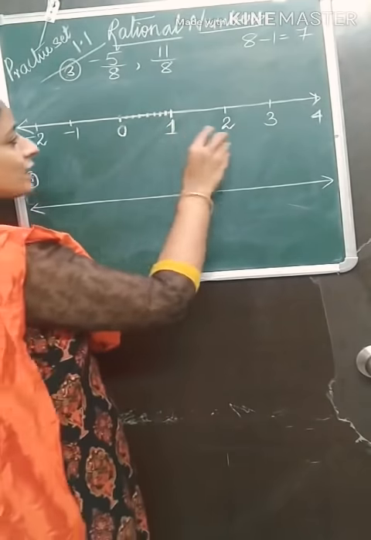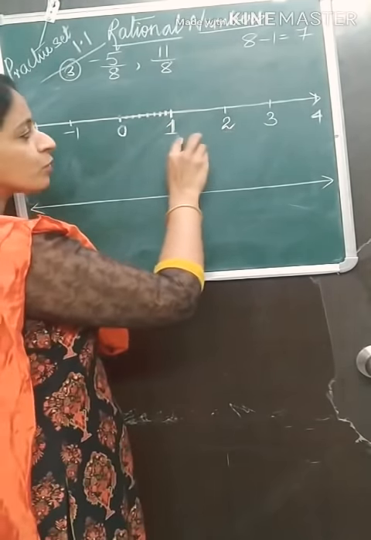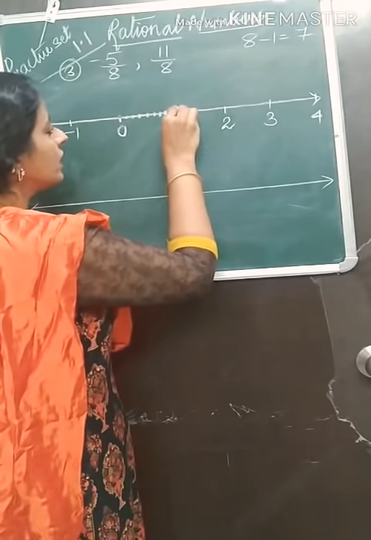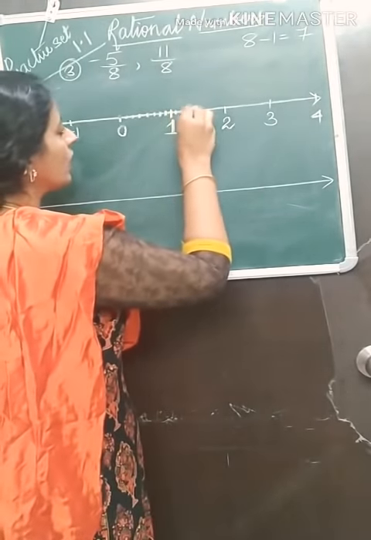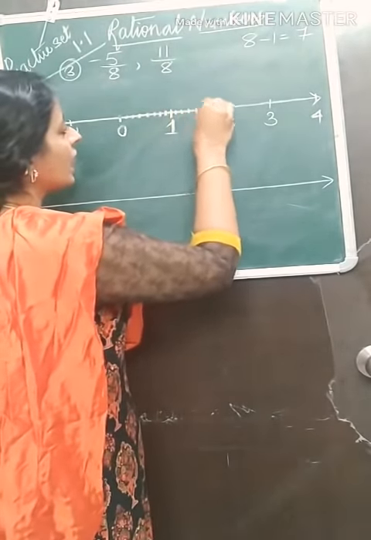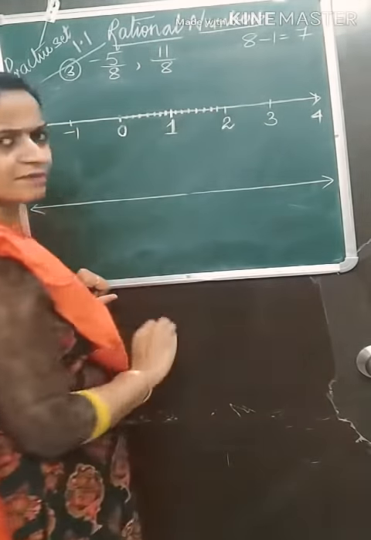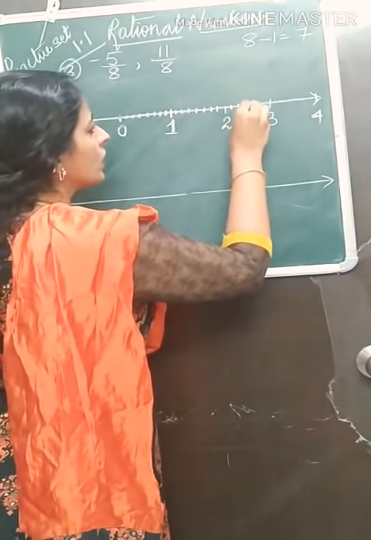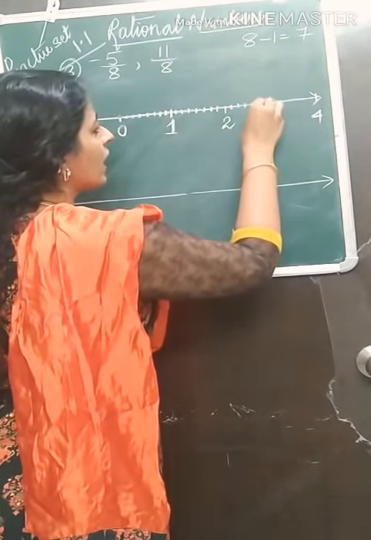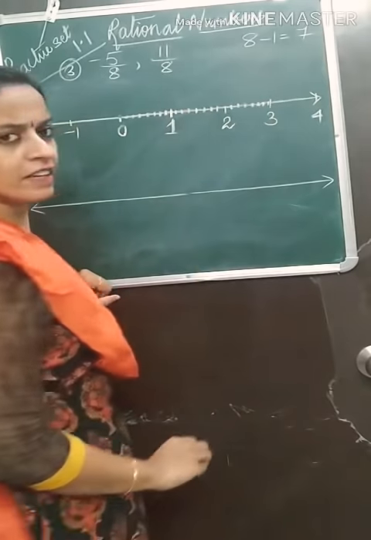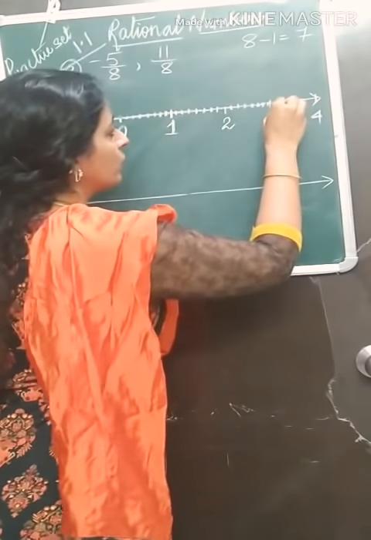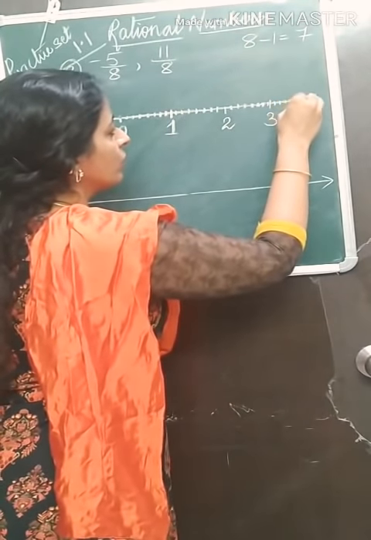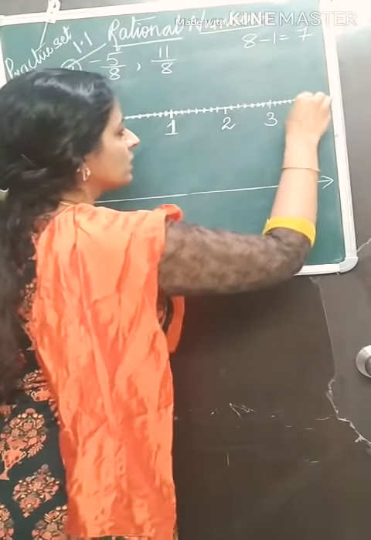Understood? Same way, let us put 7 dots between 1 and 2. 1, 2, 3, 4, 5, 6, 7. Roughly you can put them.